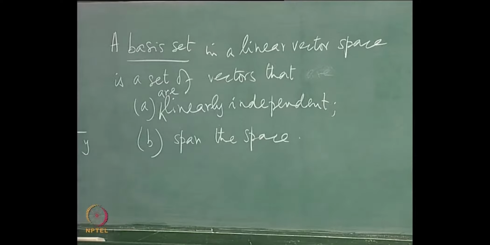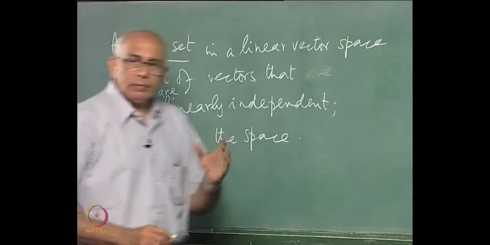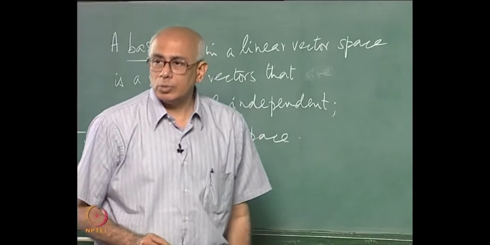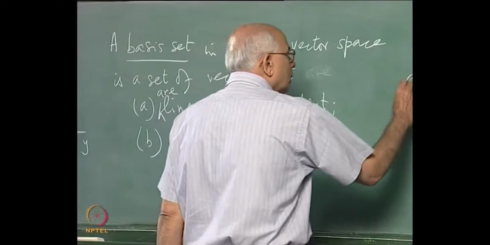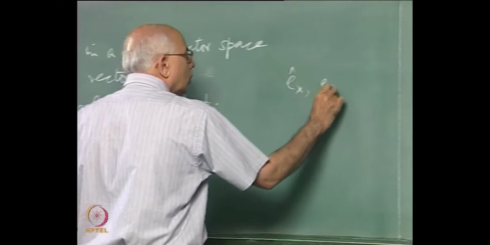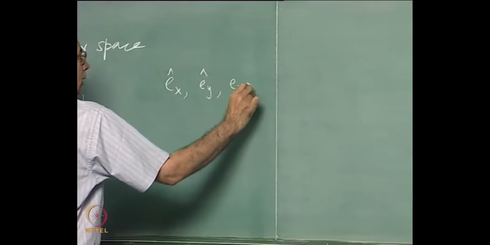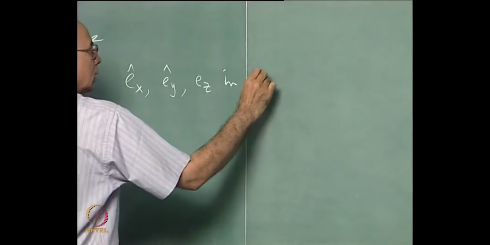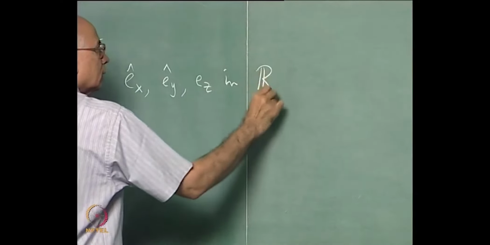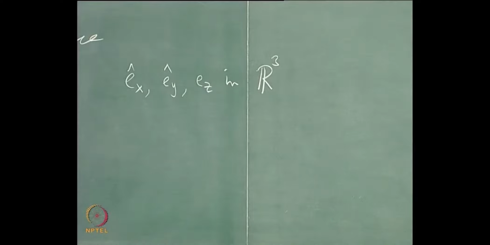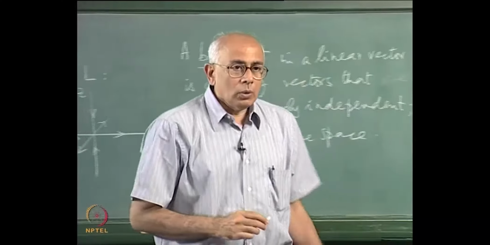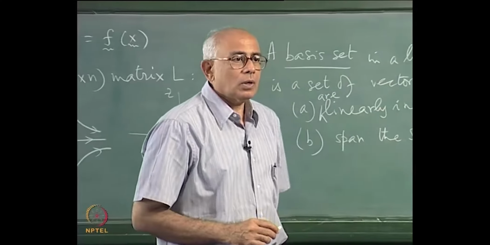Just to set the frame, let us give examples. If you took unit vectors in 3-dimensional Euclidean space, let us call it R3, and let me call them Ex, Ey and Ez, we know these form a set of orthogonal axes.